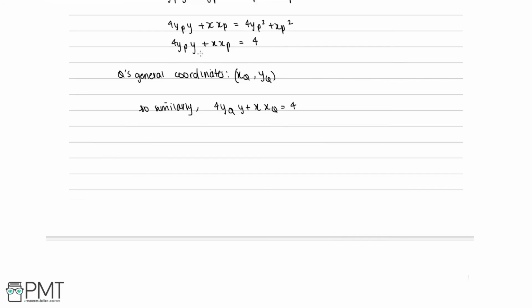Now, because these equations are equal to 4, we can set them equal to one another. So we have 4ypy plus xxp, well, that's equal to 4, but so is 4yqy plus xxq. So this is equal to 4yqy plus xxq.